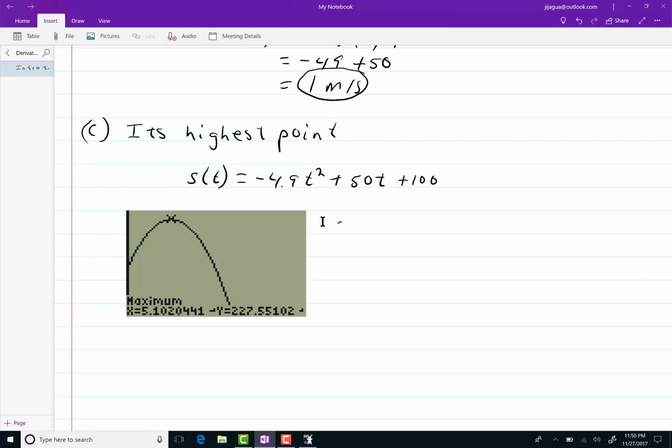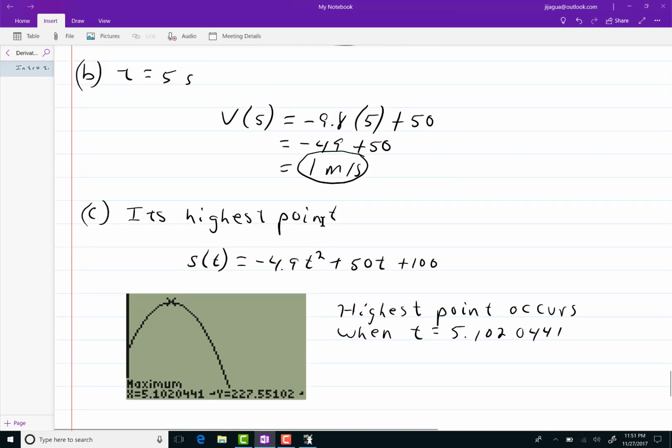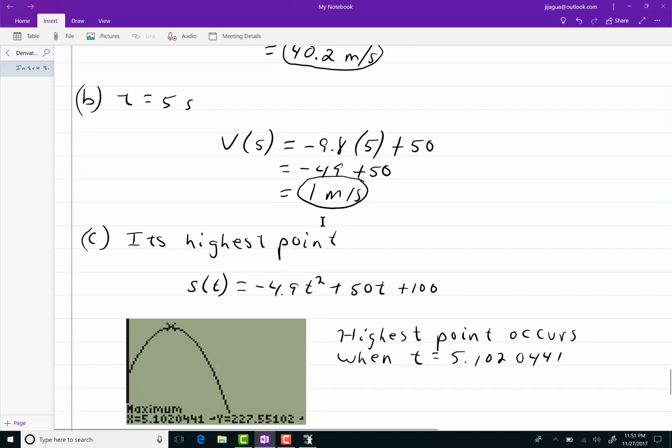So highest point occurs when t equals, I'll use a lot of decimal places, just I'm going to check this out later, 5.10204441. Now what I'm going to do is plug that into the velocity formula, which was negative 9.8 t plus 50.